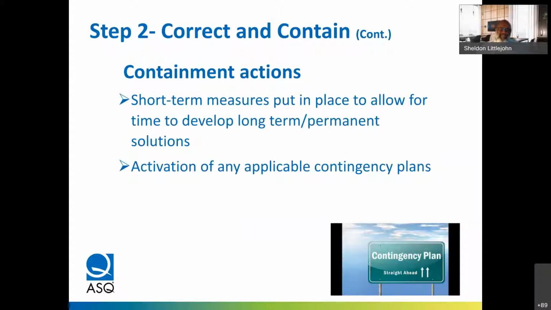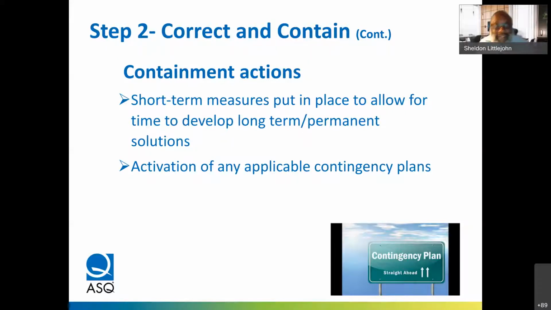So continue correcting and containing the issue. Your containment actions are the steps that we would take as a short-term measure. You put these in place to allow time to develop a more long-term permanent solution. One action that we could probably use is 100% inspection.